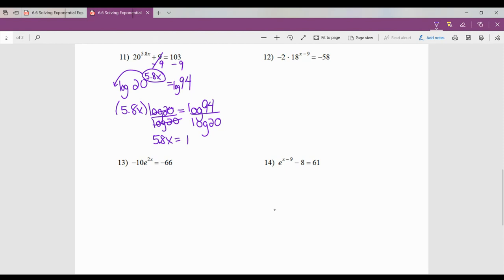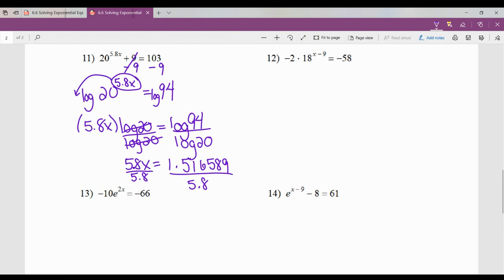And I get 1.516589. And I divide that by 5.8. Remember, we saved this rounding for 3 decimal places to that last step. So divided by 5.8. And I get x equals, I'm going to write that up top, 0.261. Final answer.